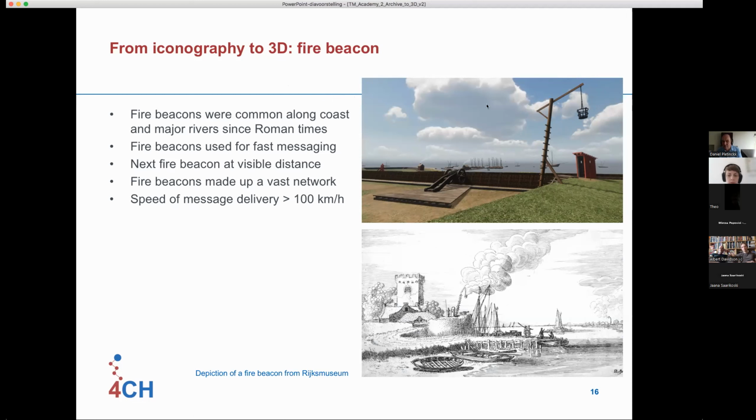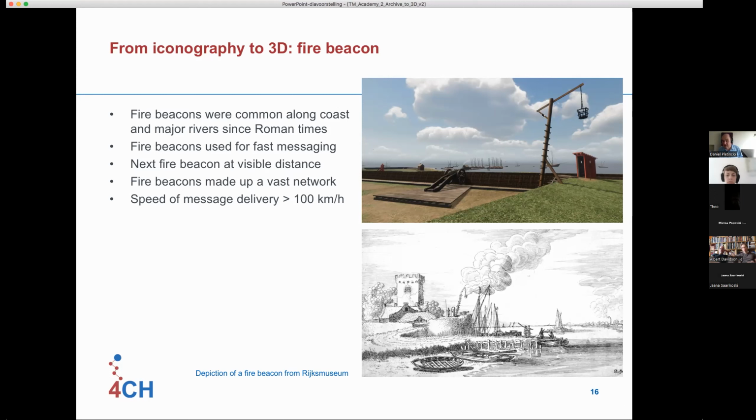And it's high up, so it's very visible from a distance. Fire beacons were pretty common along the coast and along the major rivers, even since Roman times. We have a lot of sources that tell about that in medieval times. In the 17th century it's used. I think it was used up to the 19th century.